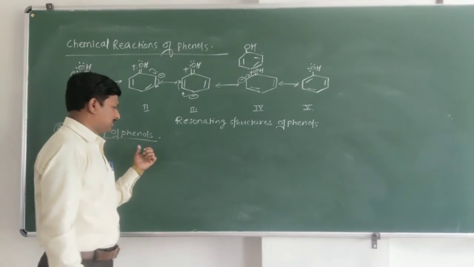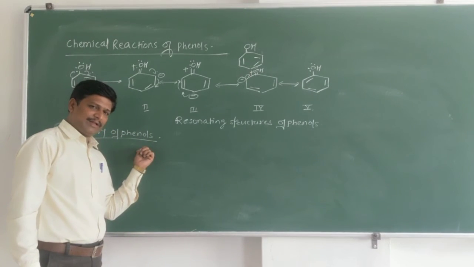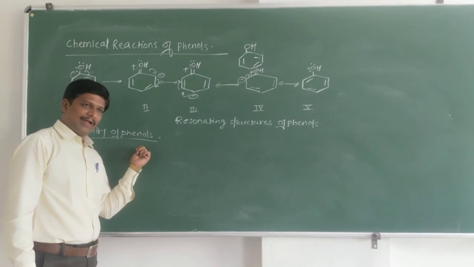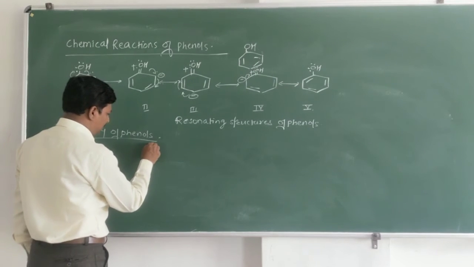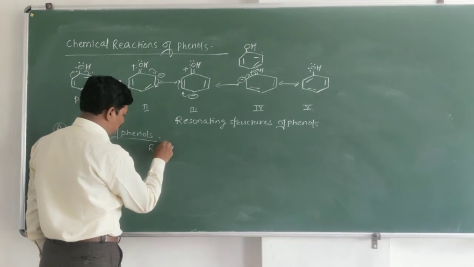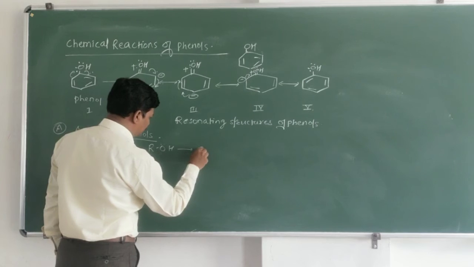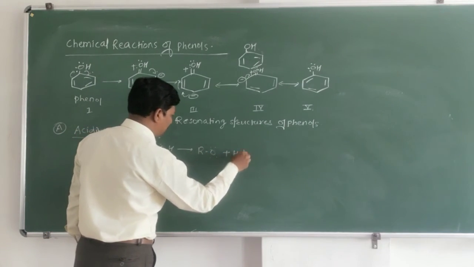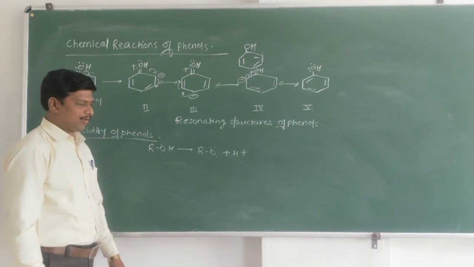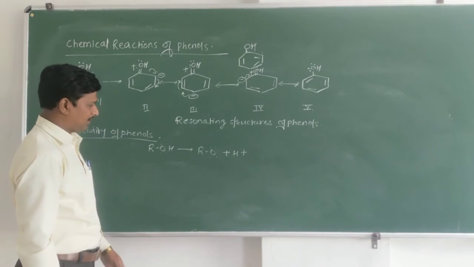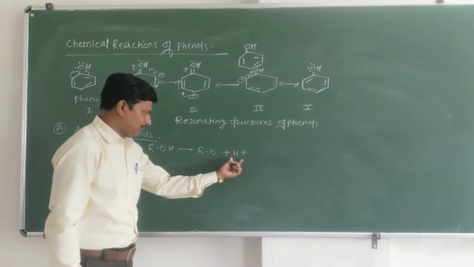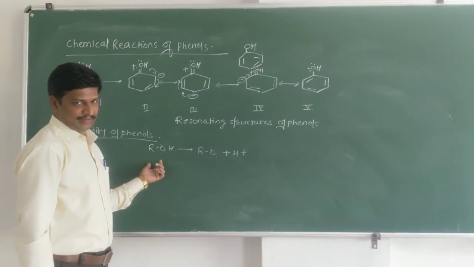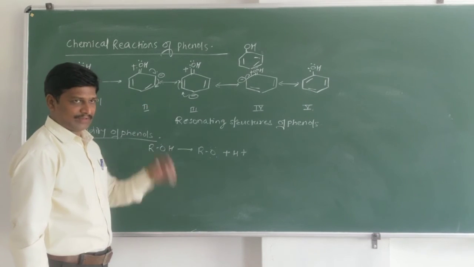Remember students, in this lesson we have discussed alcohols. Alcohols are also acidic in nature, and their reaction is like this: ROH, alcohol, dissociates to give alkoxide ions, and H plus ions are liberated, or evolution of proton takes place. This evolution of the hydrogen ion indicates that alcohols are acidic in nature. That point we have discussed.